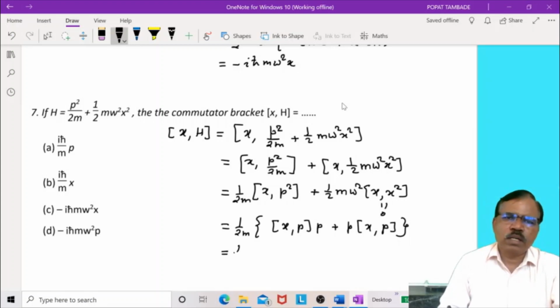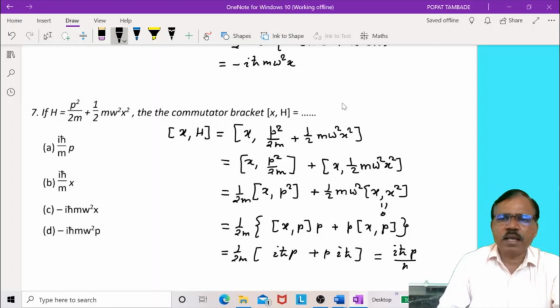So here 1 upon 2m, iħ p plus p iħ, because [x, p] is iħ. So it is 2 iħ p. The 2 will get cancelled. So you will get iħ p divided by m.